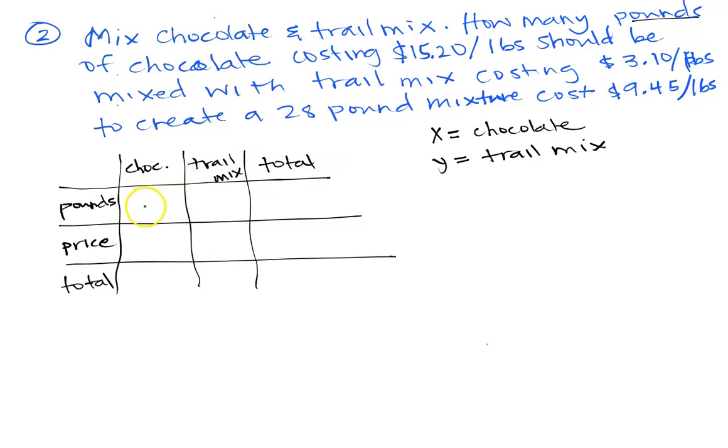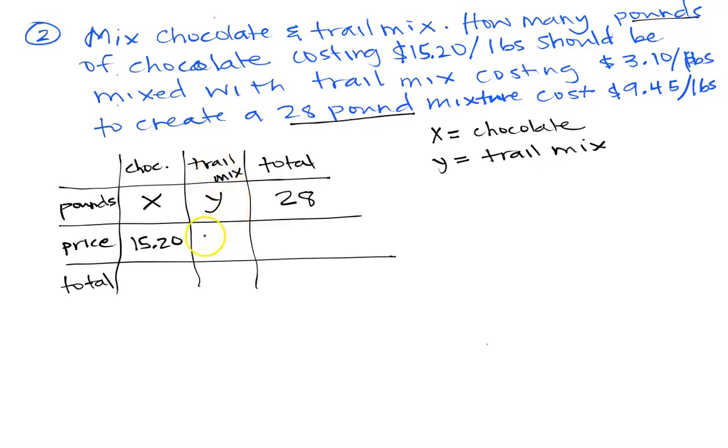Okay, so I don't know how many pounds of chocolate or how many pounds of trail mix. That's what I'm trying to find, so those are going to be my X and my Y. But I do know that I want a total of 28 pounds together, so 28 goes there. Then let's put the price of everything. Chocolate costs $15.20 per pound.